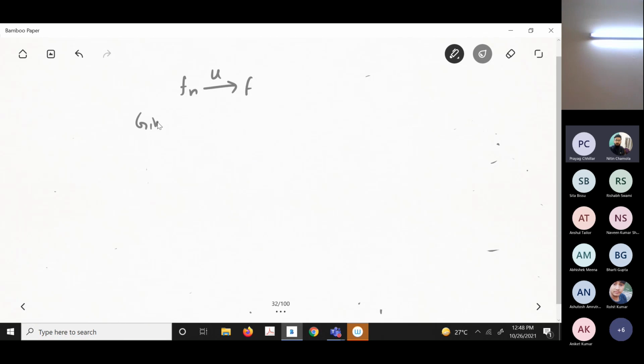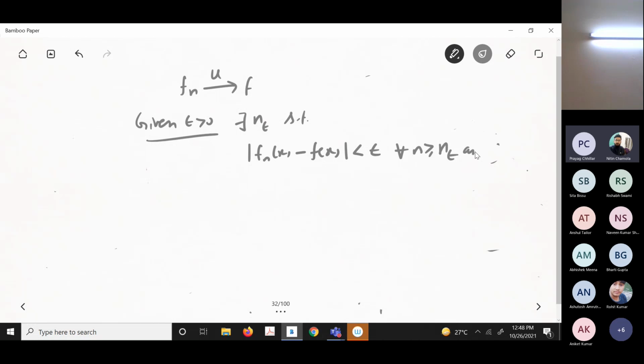So given epsilon greater than 0, there exists n epsilon, which only depends on epsilon, such that |fn(x) minus f(x)| is less than epsilon for all n greater than or equal to n epsilon, and for all x belonging to X. Here I have taken a particular k, but it will be true for this.